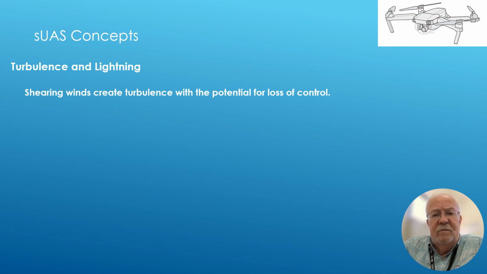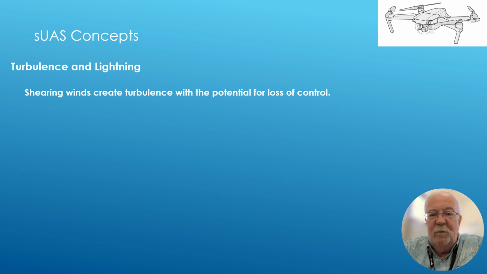Obviously the shearing of high winds is one of thunderstorms' greatest threats. It can cause extreme turbulence, structural damage to any aircraft, and loss of control. While severe and extreme turbulence can potentially destroy a UAS, an even more significant threat, both to the aircraft and the pilot, is lightning.